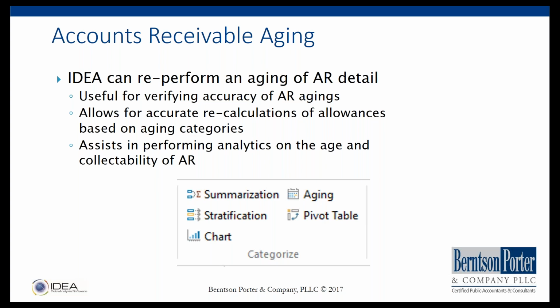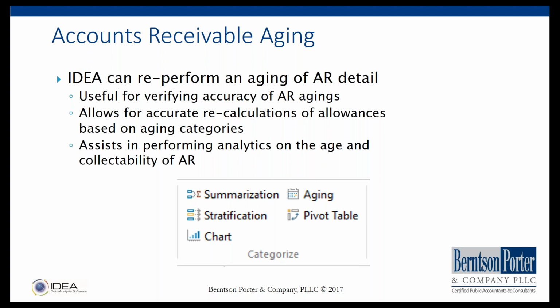Maybe their report says it's aged as of 1/1 instead of 12/31, or it's a real-time system where it runs the aging as of the date the report is run, and not necessarily the date of 12/31 that you want. So there's a lot of reasons you might want to do this, but it's very useful for verifying accuracy.